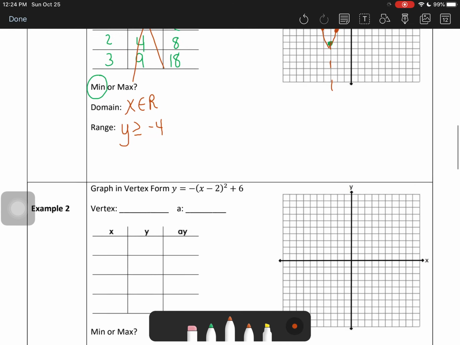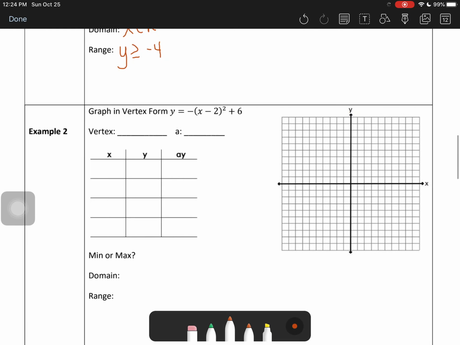All right, next example. Our vertex, we know it's the opposite of the h value, so it's going to be at (2, 6). Our a value is -1, which means our parabola is going to open down. And since our parabola opens down, it will be a maximum. Our vertex is at (2, 6).